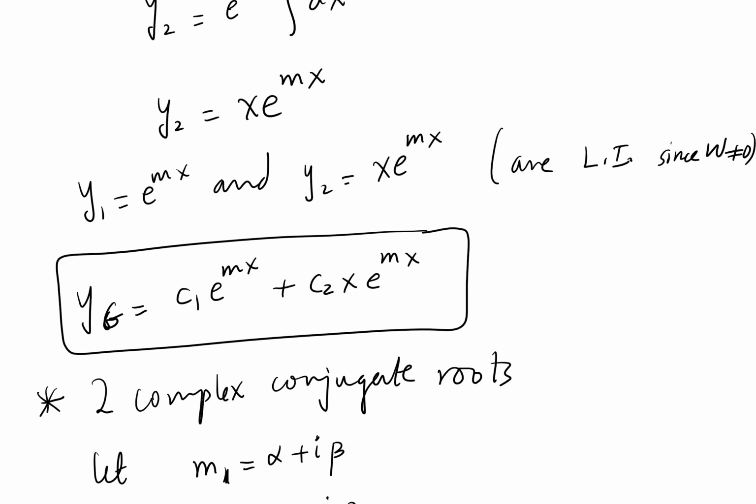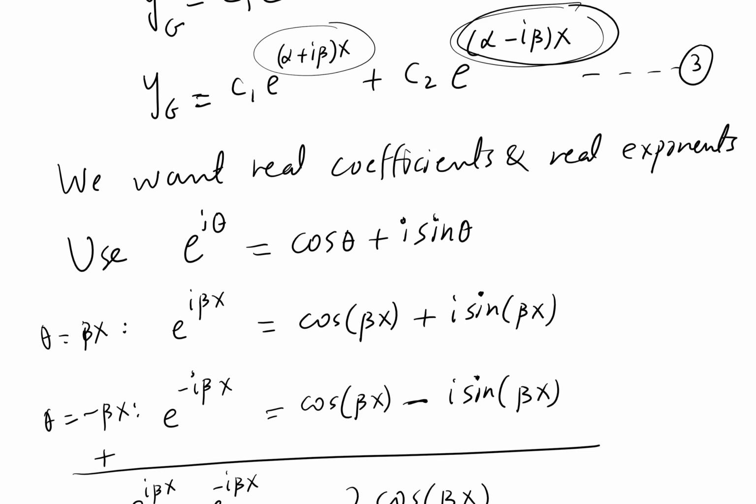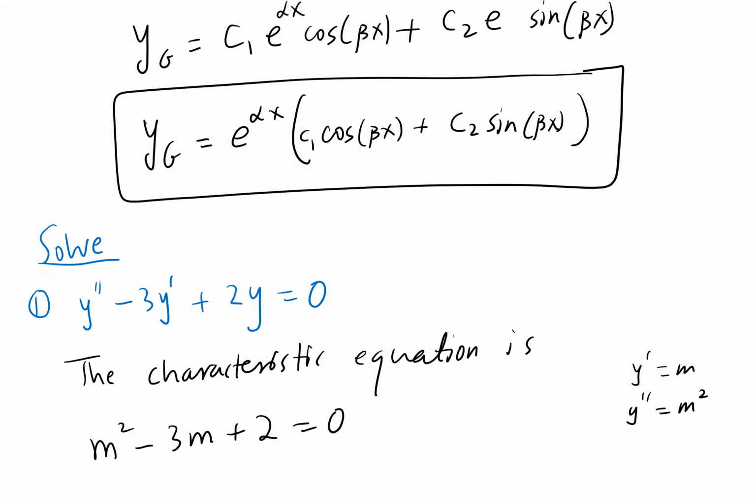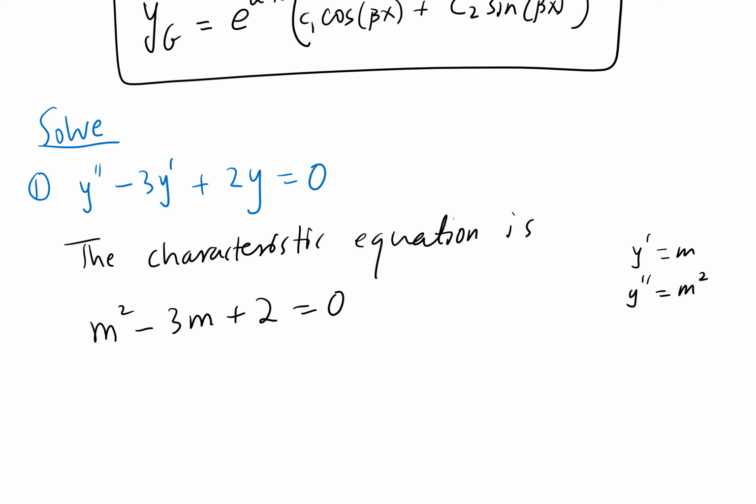So if there's like y triple prime, then you put m cubed. Y to the 4th power, you put m to the 4th. Now it becomes like a simple quadratic equation. You can use the quadratic formula, or if you can factor right away, as I'm doing, that will save time. So m would be either 2 or 1. Notice, what did I get?